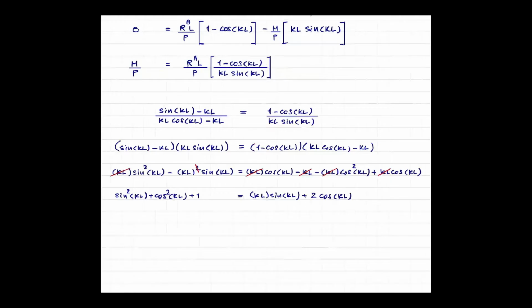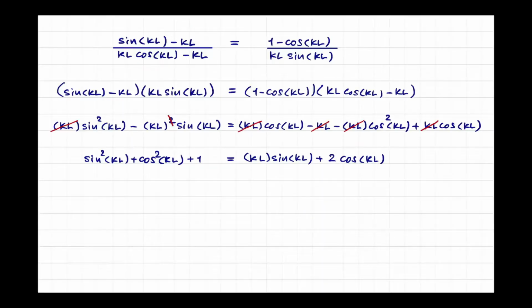Do we lose anything? So this side is equal to 2, equal to KL sine KL plus 2 cosine KL.